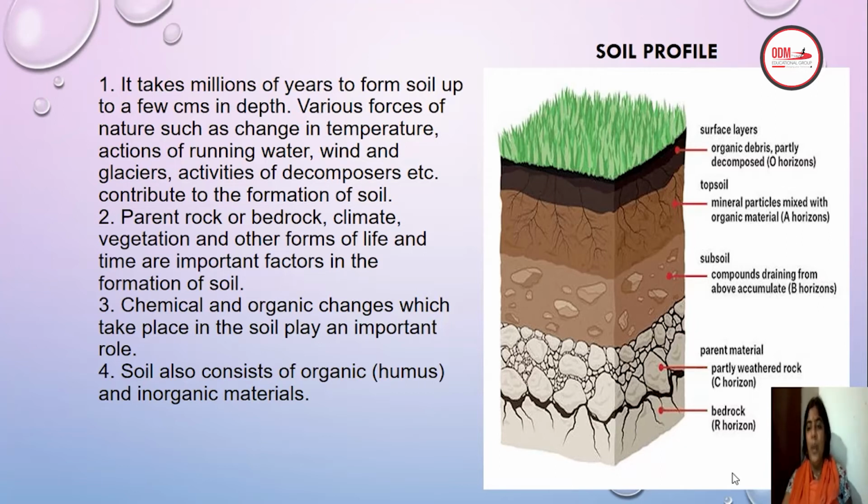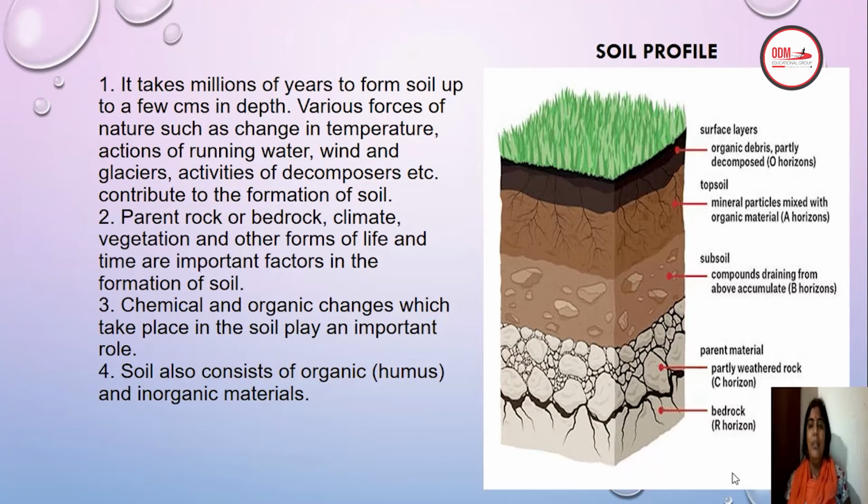See, the lowest one is your bedrock. We also call it R horizon, and that is the parent material. Then we have partly weathered rock, we call it C horizon, and then we have compounds draining from above accumulated in the B horizon that we call subsoil. We have topsoil, and then we have surface layers.